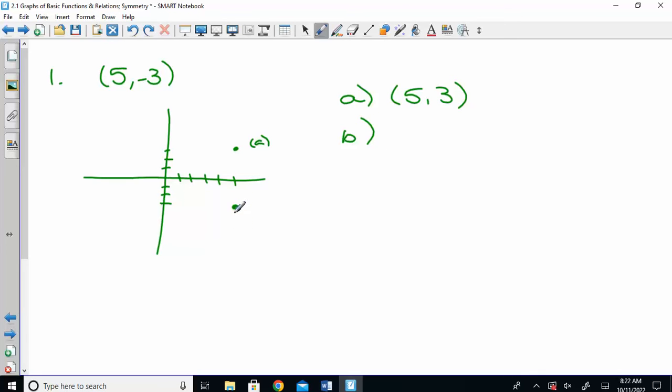So B, if I take this original point and flip it over the y-axis, where does it go? Negative 5, negative 3. The picture is not required, I'm just doing it to illustrate what's happening. If I flip this point over the origin, where does it go? Negative 5, 3. Yeah, origin changes the sign on both the x and the y. All right, so that should help you with number 2.